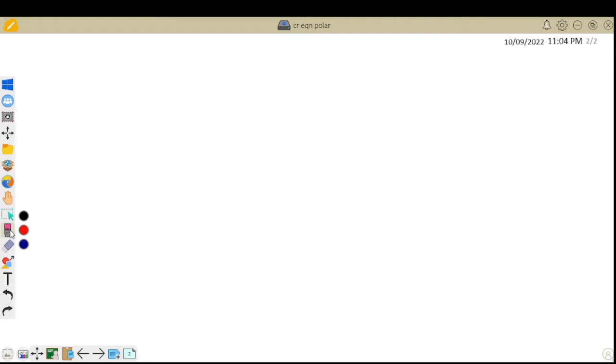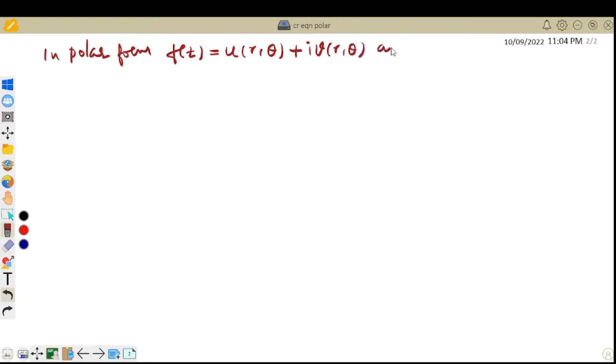In polar form, f(z) is equal to u(r, theta) plus i v(r, theta). And what is f(z plus delta z)?